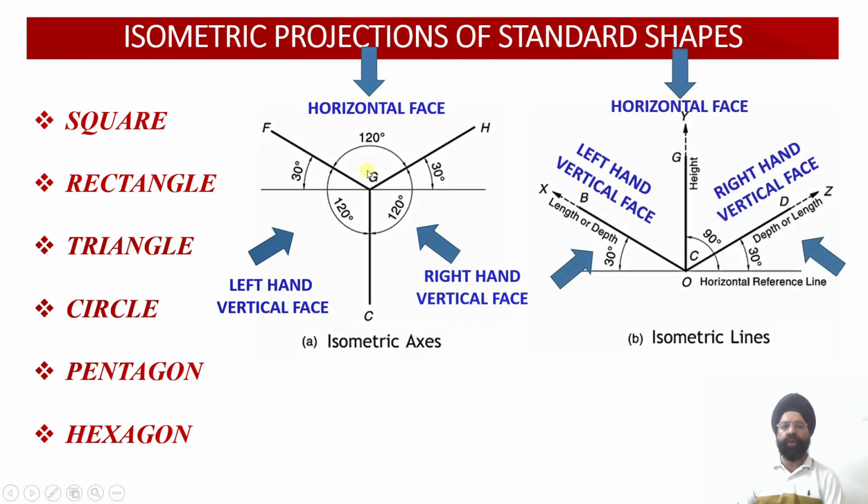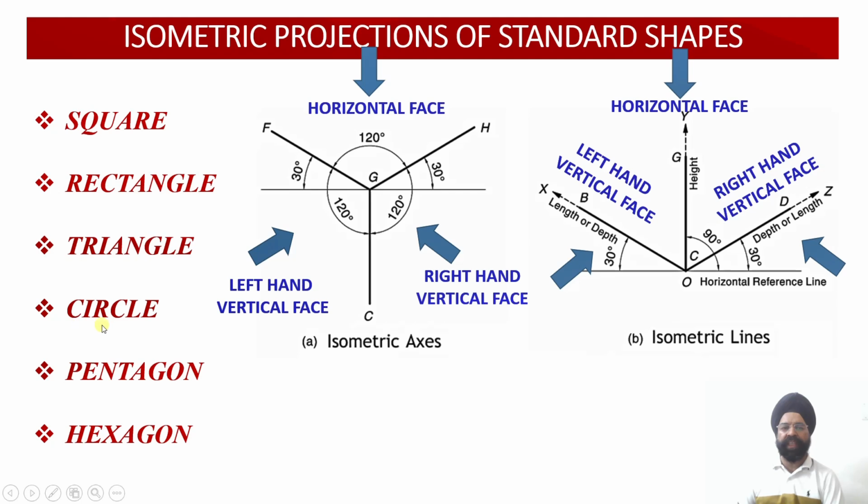And what were these three orientations? That is the horizontal face, then the left hand vertical face and the right hand vertical face. So in the three orientations we had evaluated how to draw the three basic shapes onto the isometric projections in the previous lecture. Now we are going to continue with this discussion.